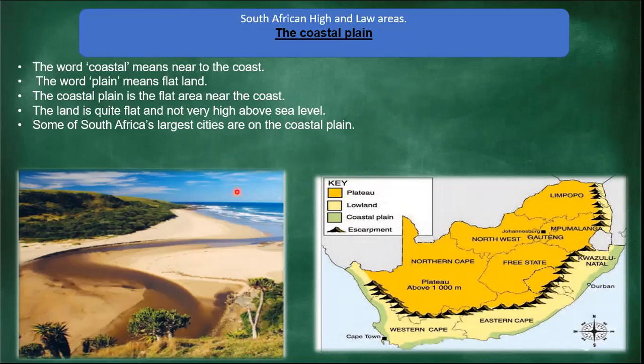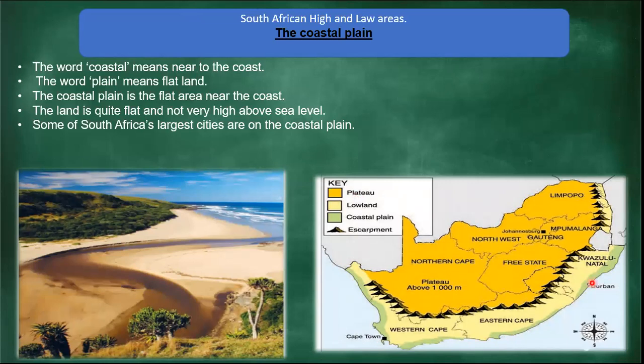So, guys, as you can see here, look at this map on your right hand side. There are keys here. This key is about the plateau, and the green one is the coastal plain. So where it is green, it shows that it is the coastal plain.